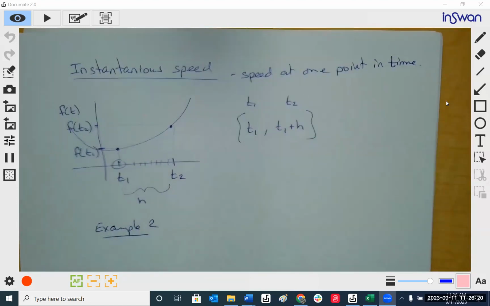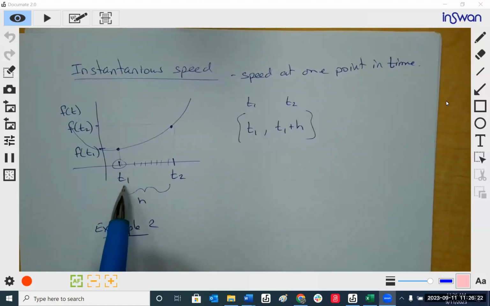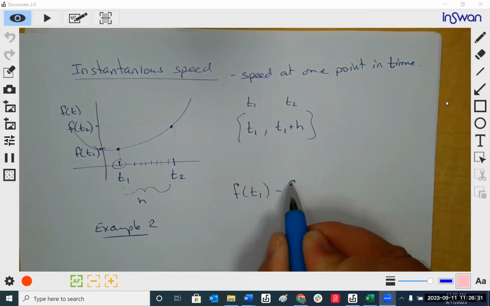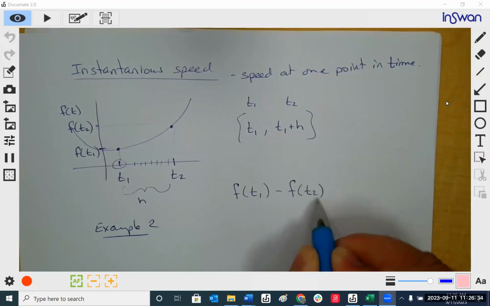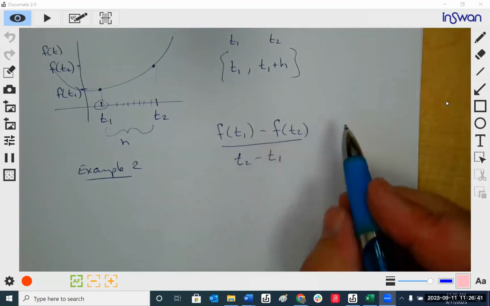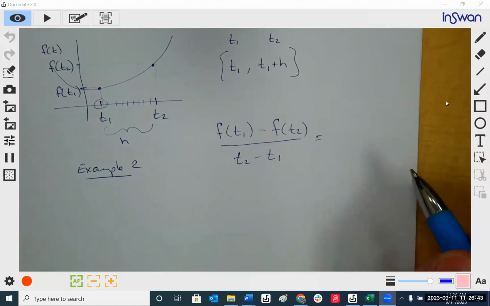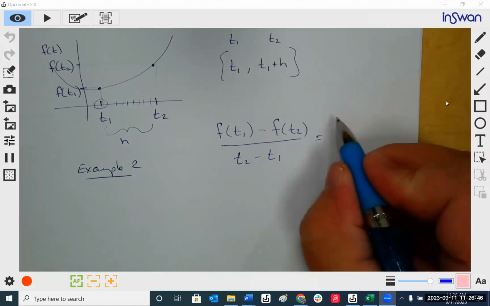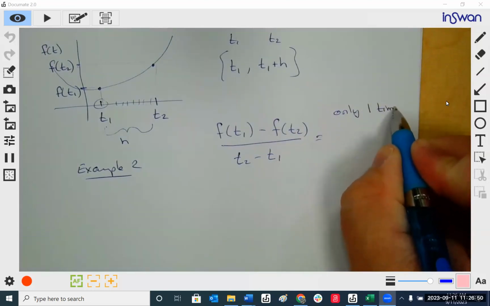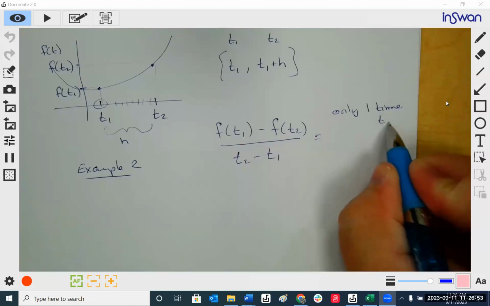Remember, we want to only use instantaneous distance. So we have to rewrite everything in our average function. Everything in here has to be written as only one time. Only one time, T1.